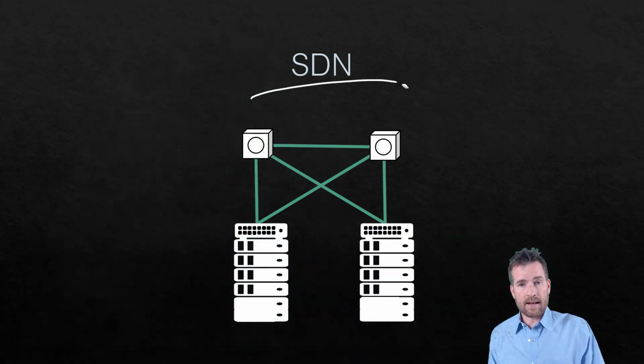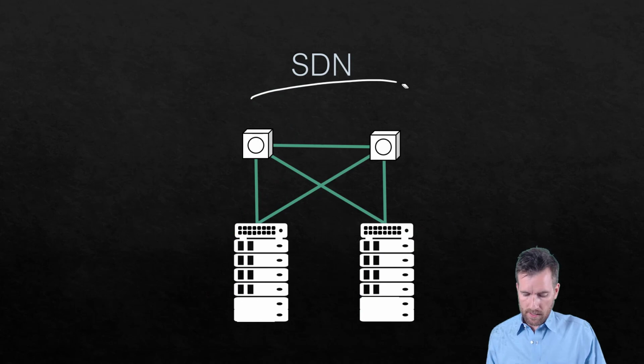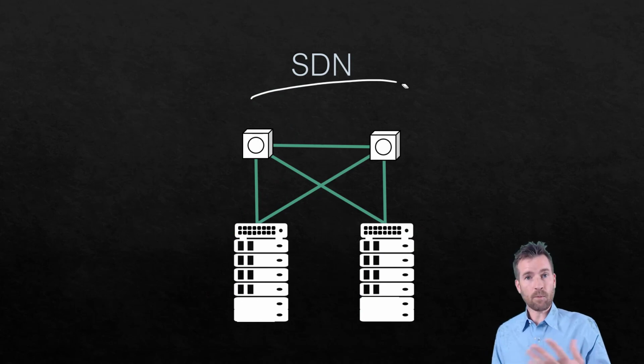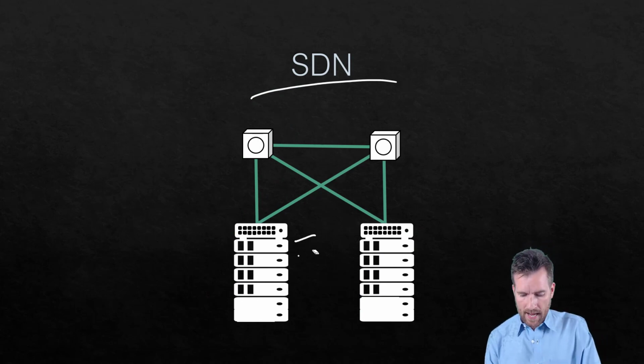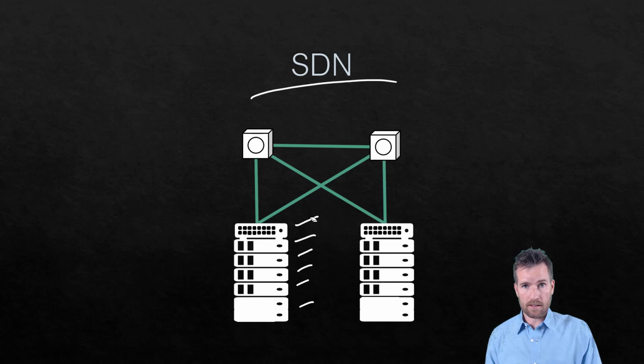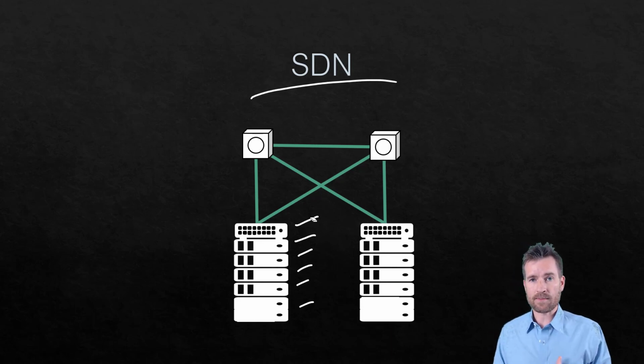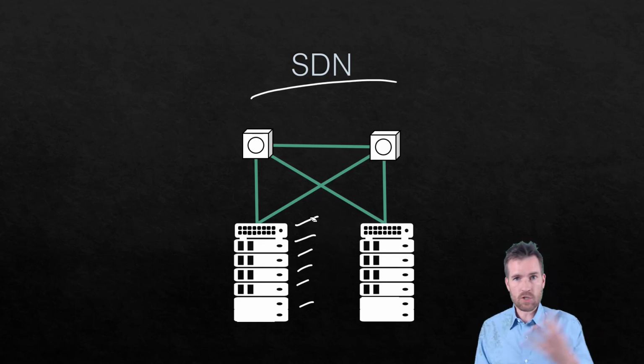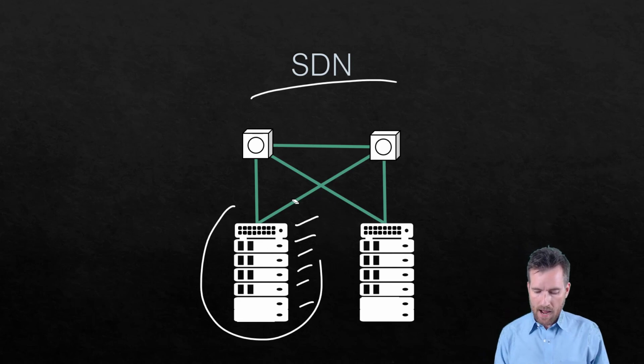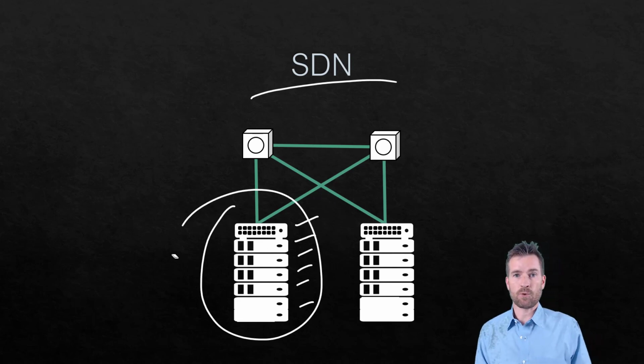So SDN, software-defined networking, is this idea where we have our data centers where we have a lot of compute power, a lot of storage, and a lot of networking capability. SDN comes in where we can dynamically change this setup and how this communication all happens through software.